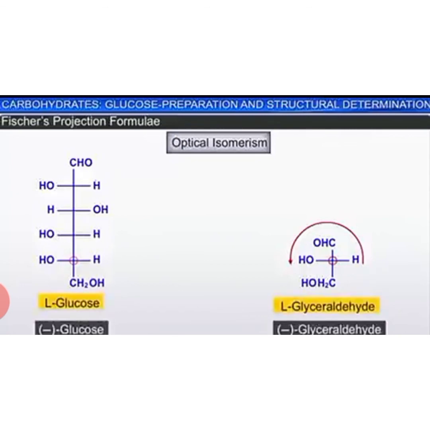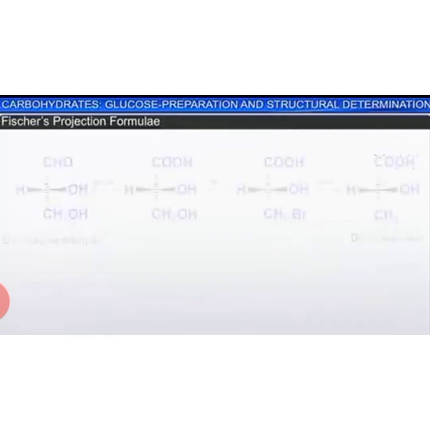That is, the compounds that are formed as a result of a reaction or a series of reactions from glyceraldehyde without breaking the bonds around the chiral center, or any sort of other chemical correlation, are assigned the same configuration as that of the particular optical isomer of glyceraldehyde.